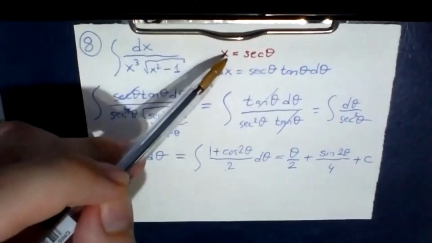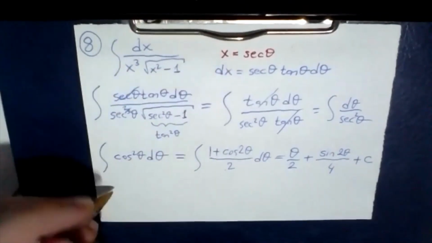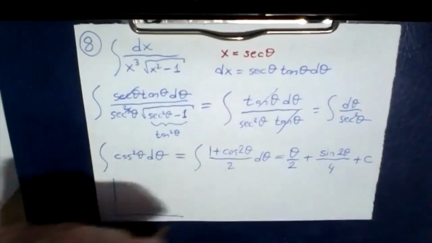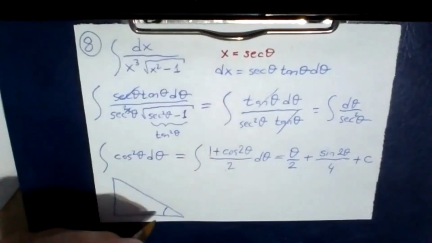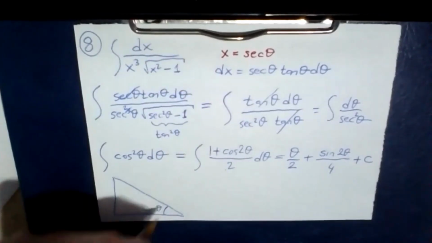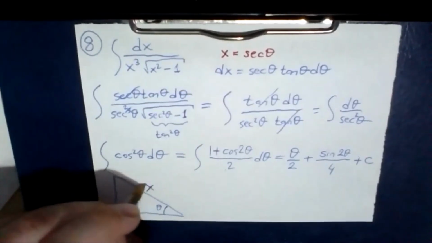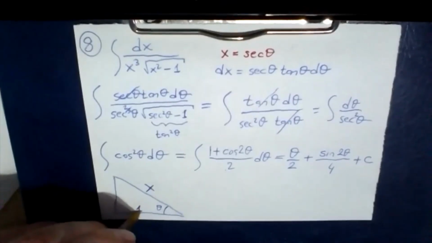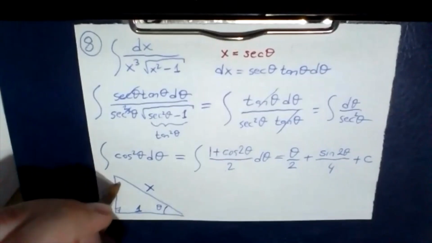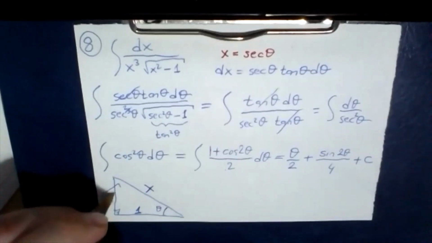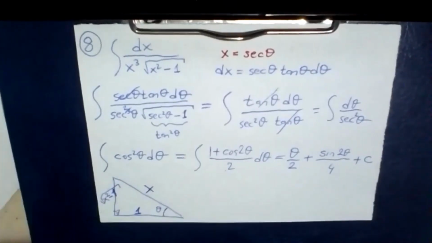We have only the information that x is equal to secant theta. So we should draw a triangle which satisfies x equal to secant theta. If this is theta, the hypotenuse should be x, this length should be 1, and from the Pythagorean theorem, this length should be square root of x squared minus 1.